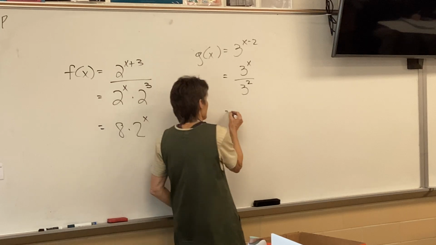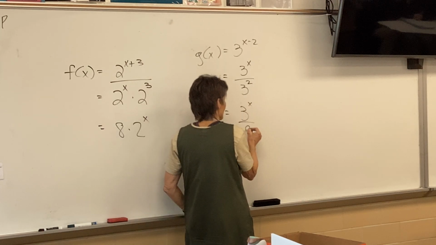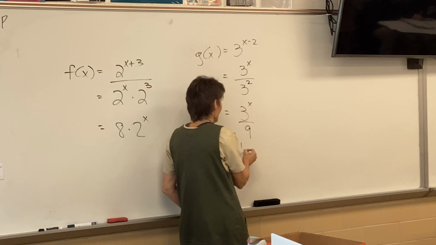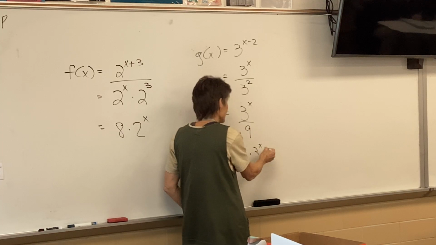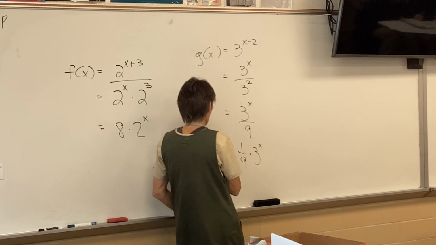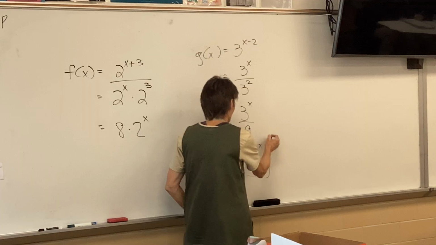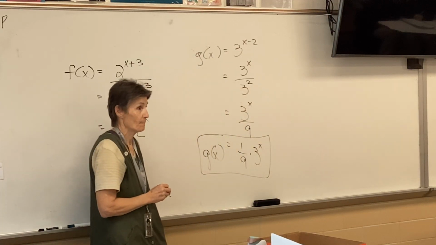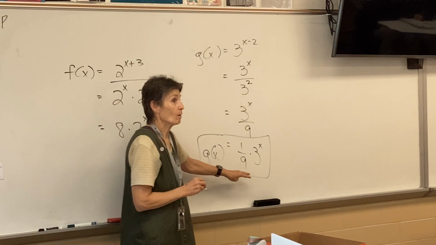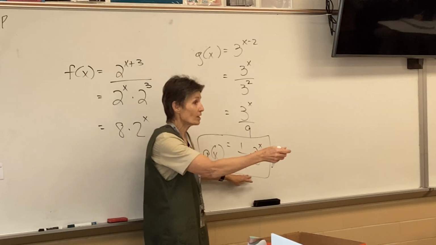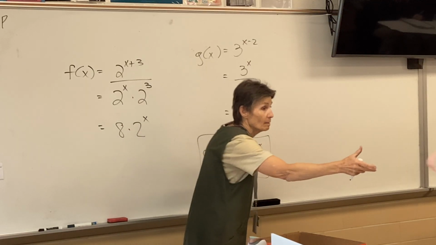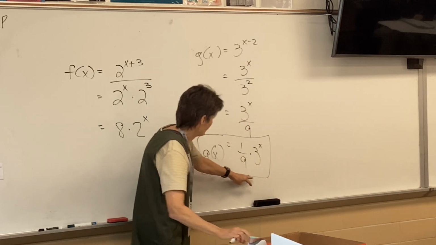That's exactly what I'm going to do. This is 3 to the x over 9. Or could you do 1/9 times 3 to the x? This is exactly the way you would want to write it, Justin. Not could you, but you should do. So this is now a vertical dilation by a factor of 1/9.